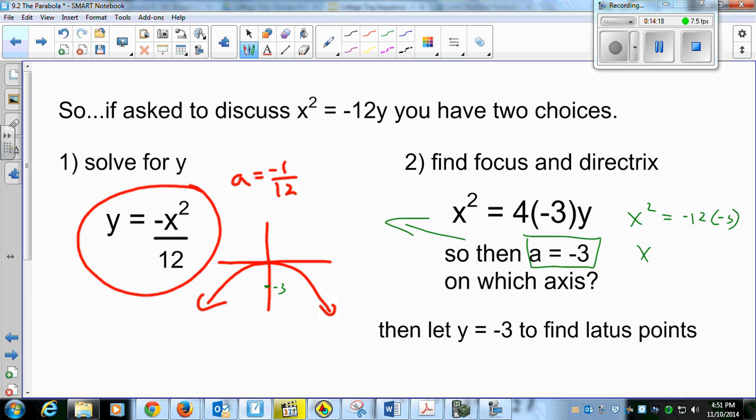You get x squared is equal to 36. You know that x could be equal to plus or minus 6. So here at -3, these points out here would be 6 and -6, which is a bit easier, dealing with just these 2 points instead of trying to find points right in here that would be fractions of points.